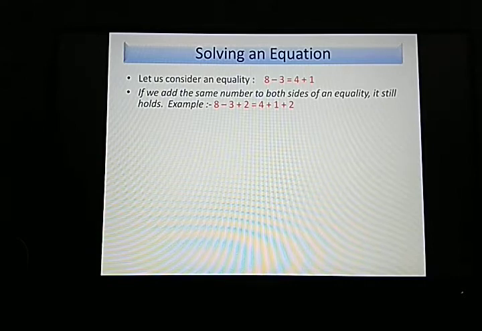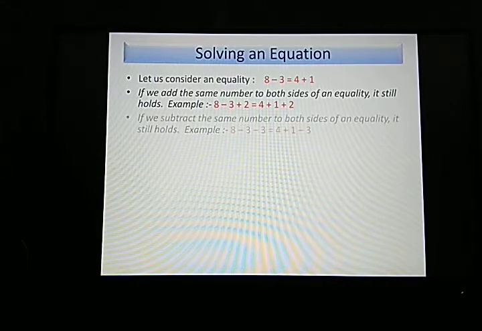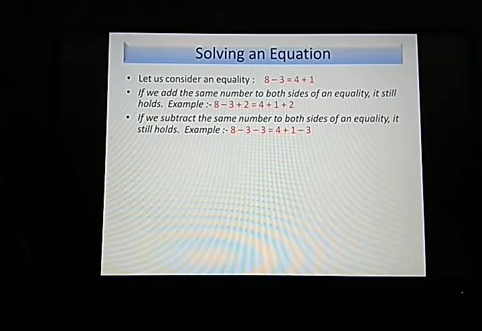So both the sides the value remains the same. Similarly, if we subtract also same numbers on both the sides of an equality, it will still give us the same value, or we can say that the equality will hold. Equality will hold only when the left hand side and the right hand side are equal.